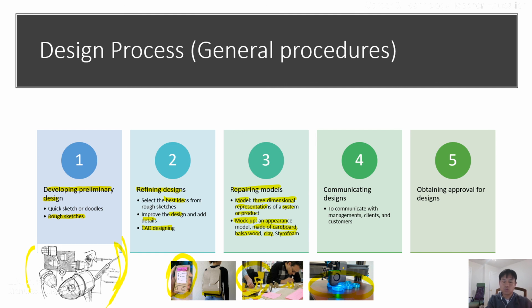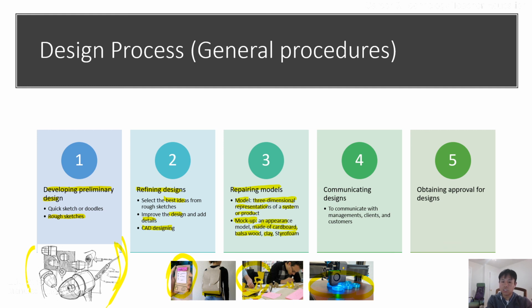So that's why we need to have this mockup design, and by looking at the mockup design, we can find other problems or possible issues in manufacturing, and other points where we can improve the product.